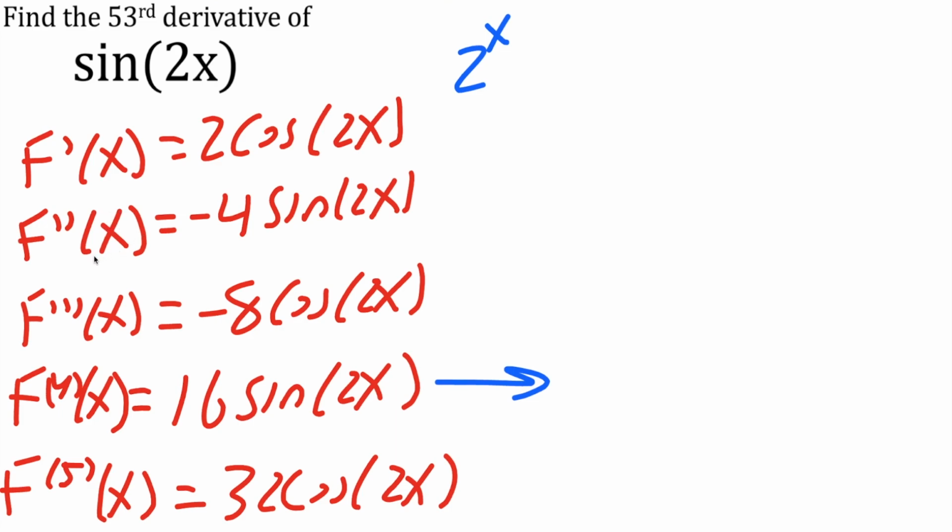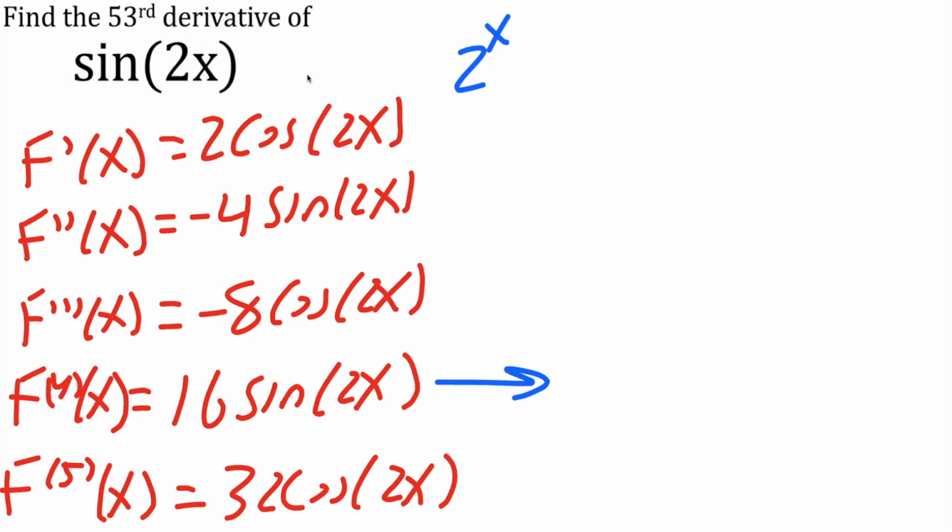But now we need to address whether it's positive or negative. It goes from first derivative positive, second negative, third negative, fourth positive. So I know every 4, it will at least be positive. Now I have a roadmap to solve this problem. First, let's figure out the coefficient. First derivative is 2, second is 4, and we came up with 2 raised to x.